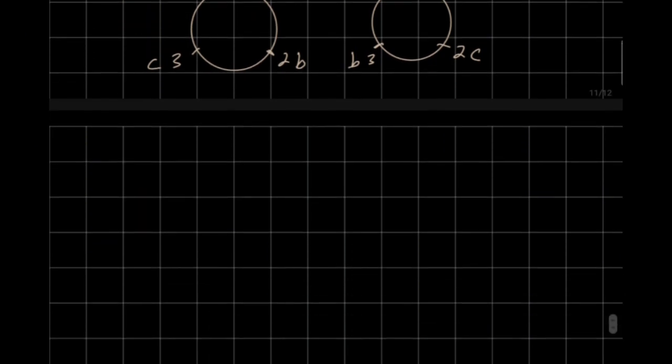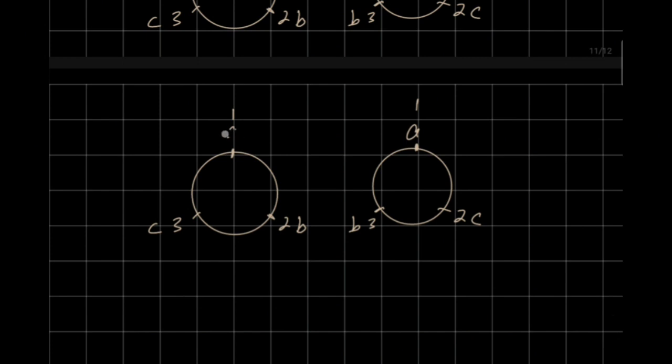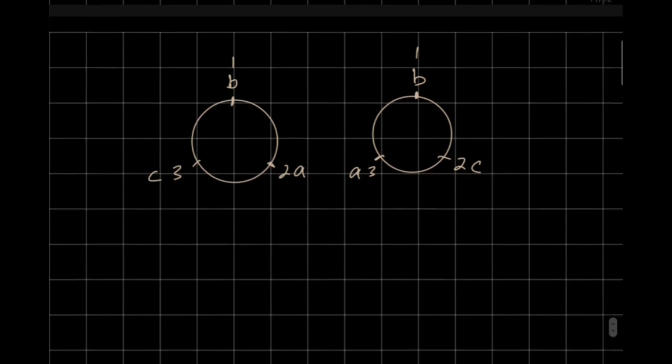Look how it works. Now we have fixed B instead of A. You can see here we have B. In the first arrangement, C will go to the third chair and A will go to the second chair, while in the second arrangement, A will go to the third chair and C will go to the second chair.